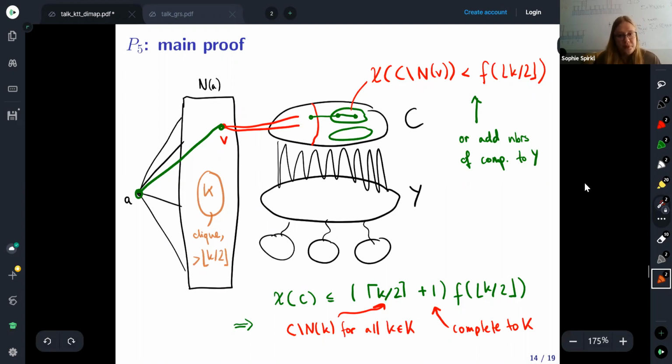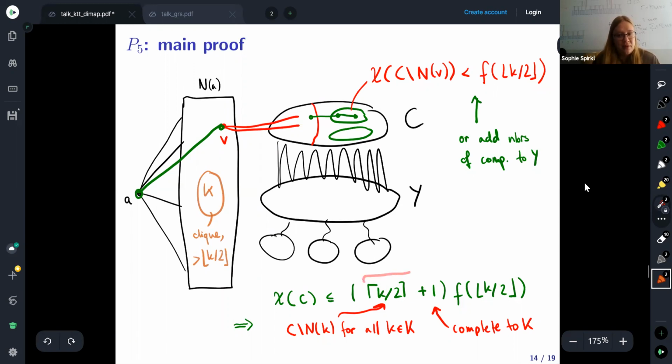And so that means that we can prove a bound on the chromatic number of C now by taking a clique in N of A, which we know there's a big one, and then saying for this clique K, the chromatic number of C is at most 1 plus k over 2 times f of k over 2. For each vertex, we proved its non-neighbors have chromatic number at most f of k over 2.